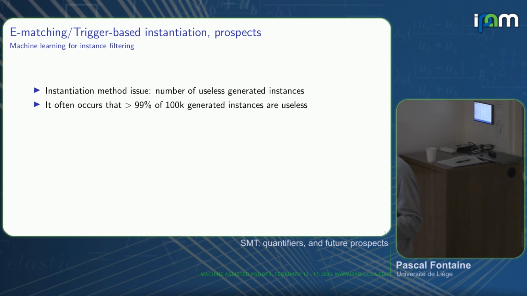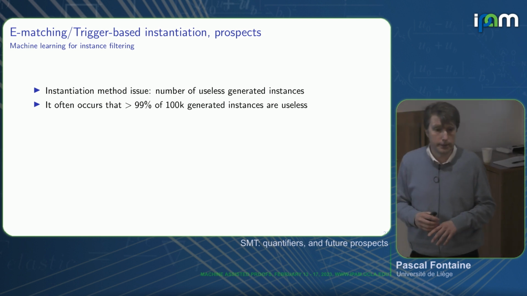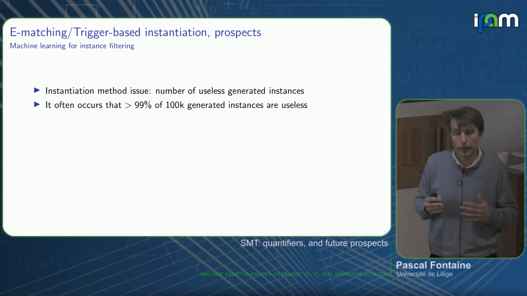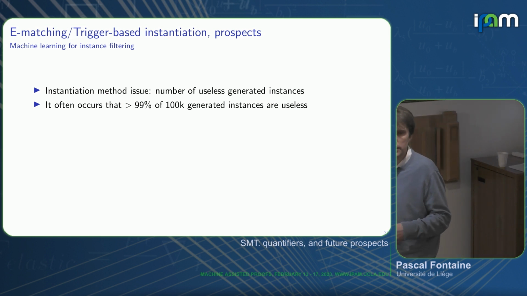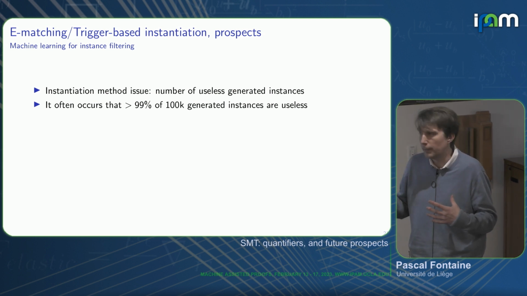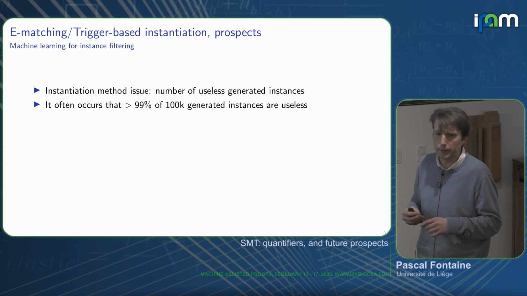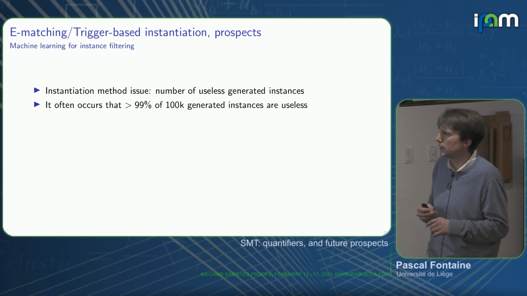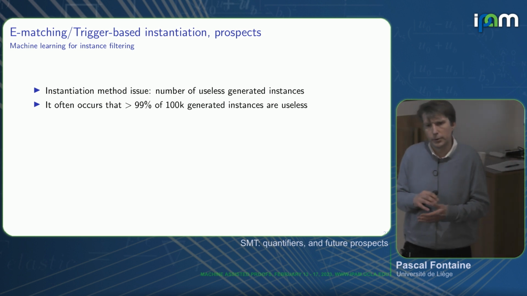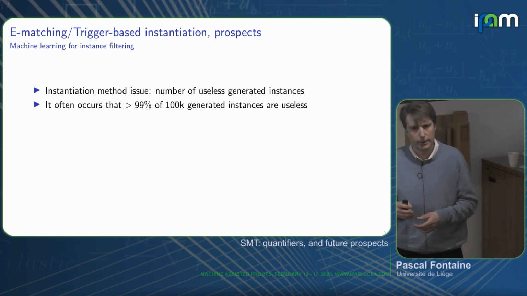So the number of useless generated instances is great. I mean, it's huge. In many cases, you can have hundreds of thousands of instances that are generated by matching or other techniques that you will see later. And at the end, if you look at the pruned proof, there's only 1% of them that you are using.